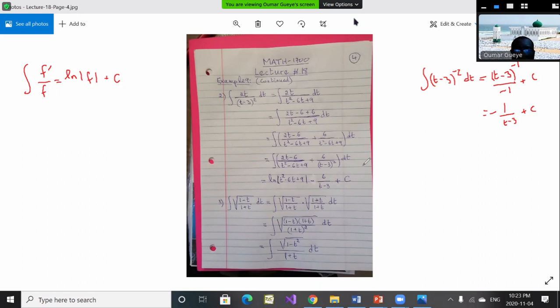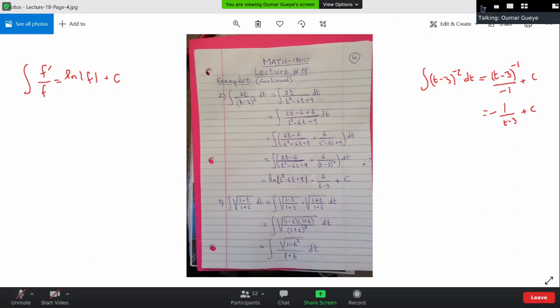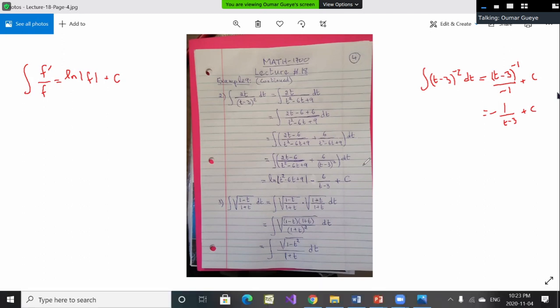Okay, instead of using this method, where I manipulate using an algebraic technique, you can use, as I mentioned at the beginning, the partial fractions decomposition, or you can use the substitution rule. You can substitute at the beginning u equal to t minus 3, and you will get the same solution too.